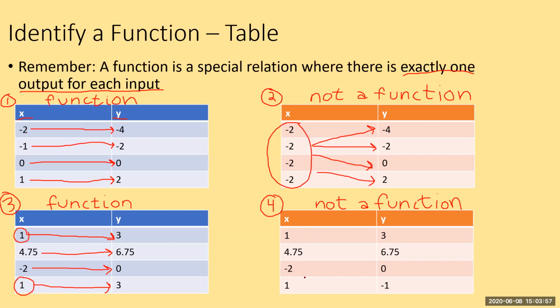If you look at the x and y values, they're almost exactly the same, except I made one change. And the change is that now the input of 1 has 2 different outputs. So 1 goes with 3, but now it also is going with -1. It has 2 different outputs. And that means that this is not a function.